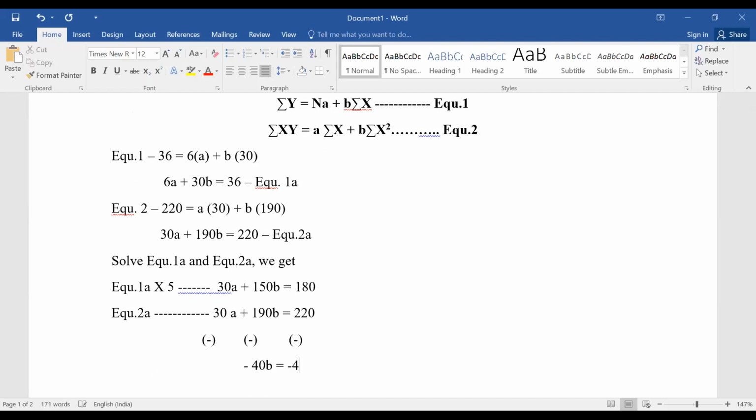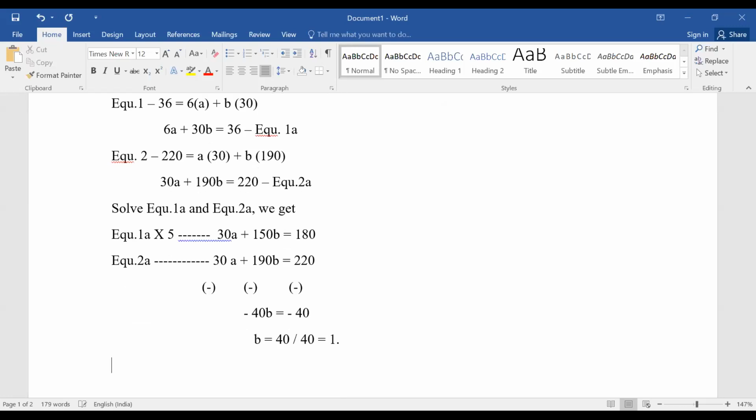Therefore the minuses cancel, so b equals 40 divided by 40, which is equal to 1. Very good. Now we can find the a value.